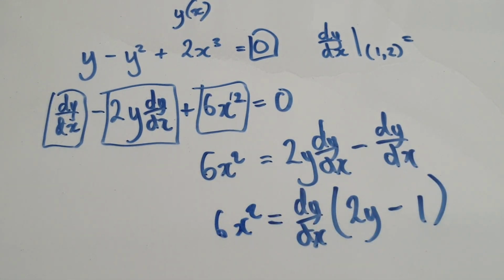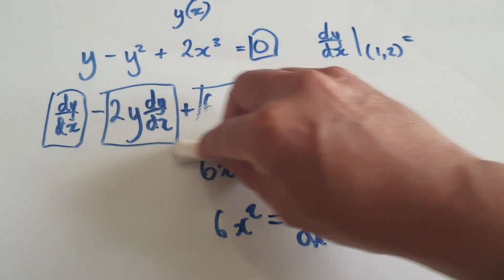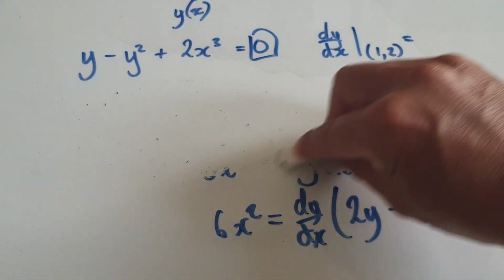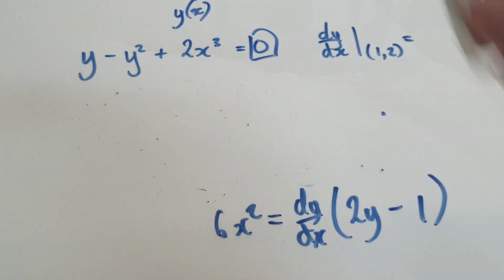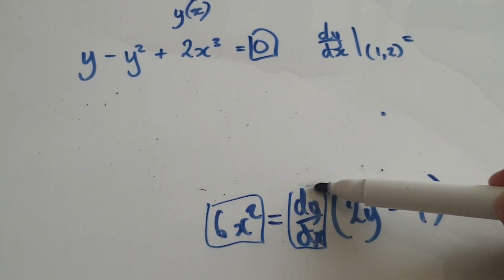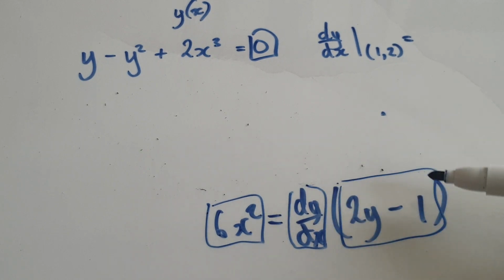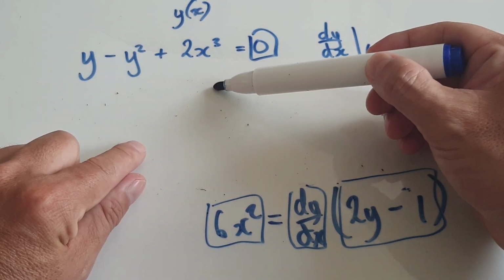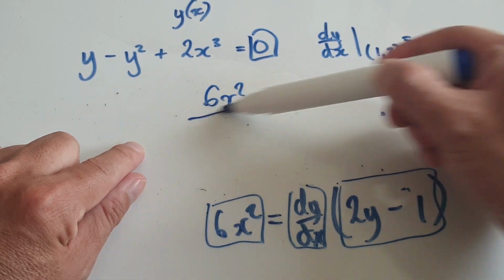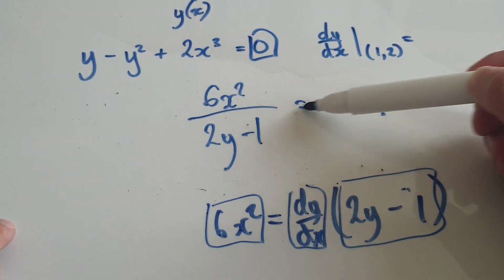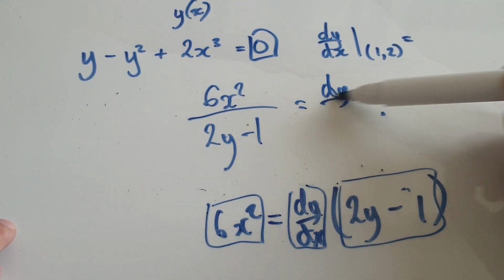So now isolate dy by dx. Here you've got one block, and another block times another block. In your mind, divide both sides by this block here. So this will be 6x squared divided by 2y minus 1 equals dy by dx, which is on its own.